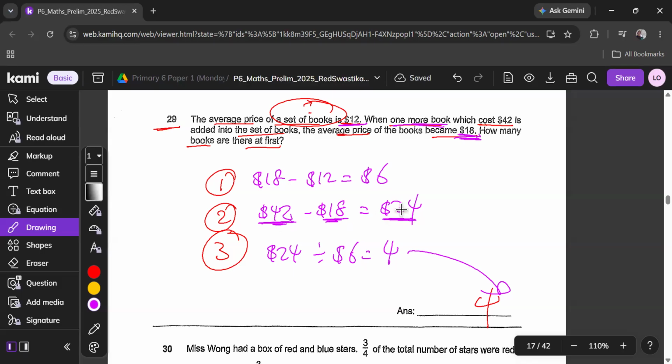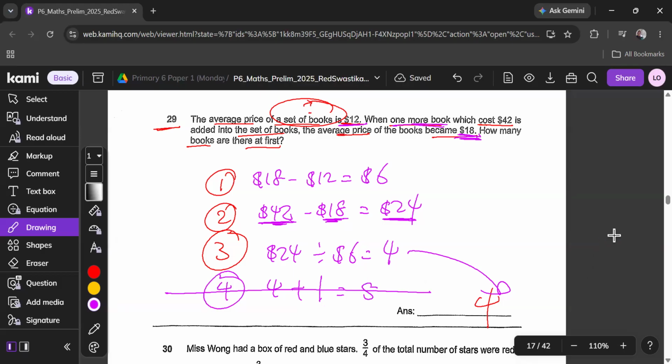Third step, you divide to get how many books at first. If the question asks you how many books in the end, there will be a fourth step: you just take 4 plus 1. That will give you how many books in the end. But we don't want that. Are you clear? This is how you do average problems fast.